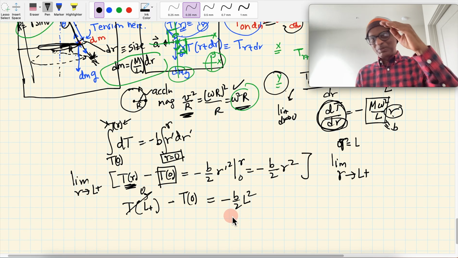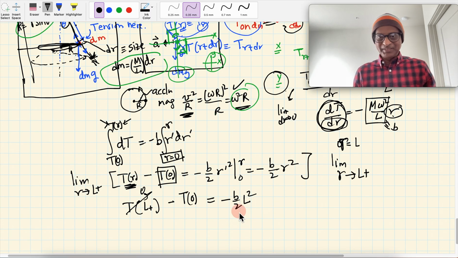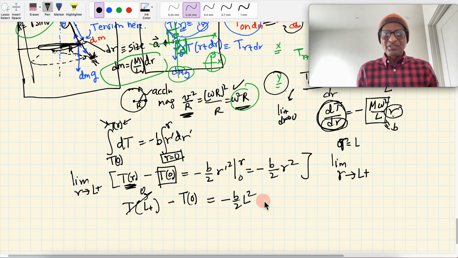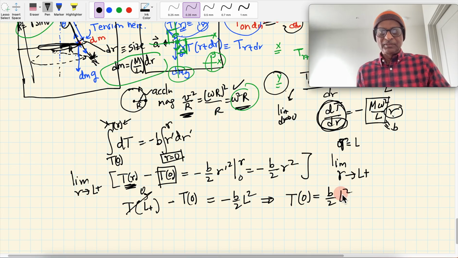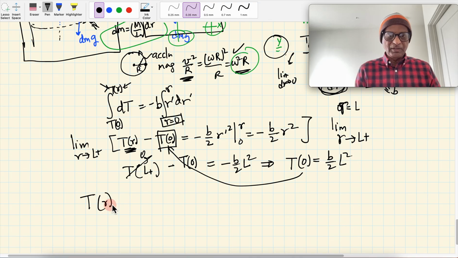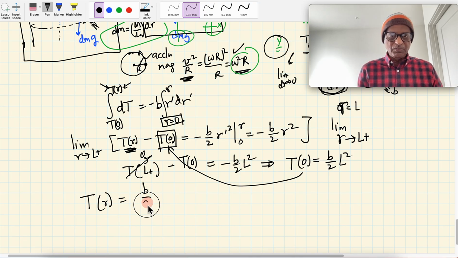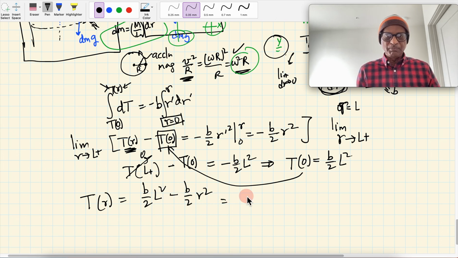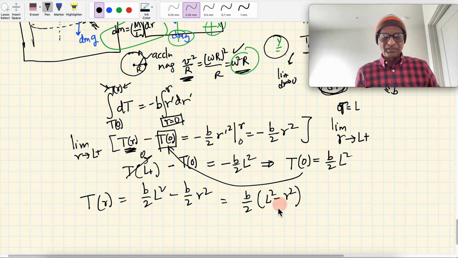Coming from above or below, this r squared is going to give you L squared. So T at 0 is simply b over 2 L squared. So I can now put this back in there, and T at r is going to be b over 2 L squared for this term minus b over 2 r squared. So basically b over 2 times L squared minus r squared.